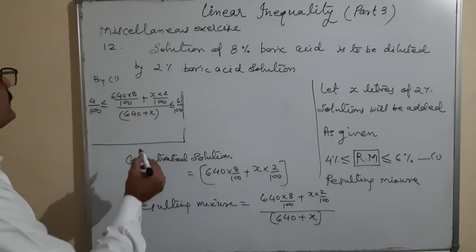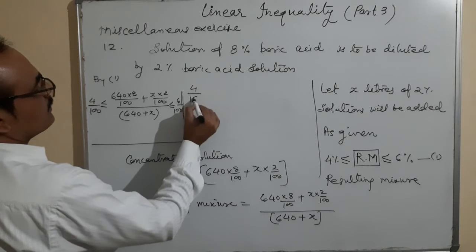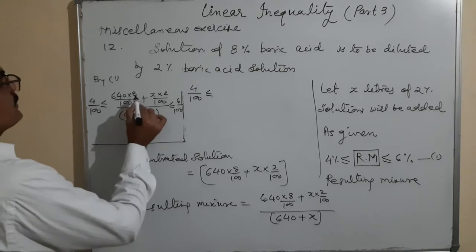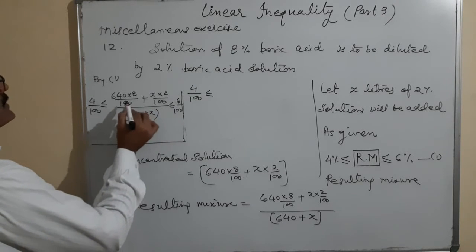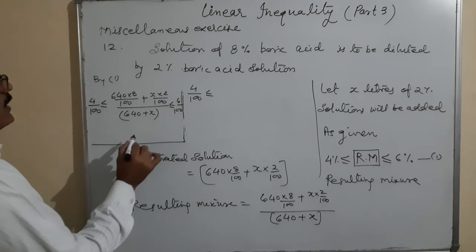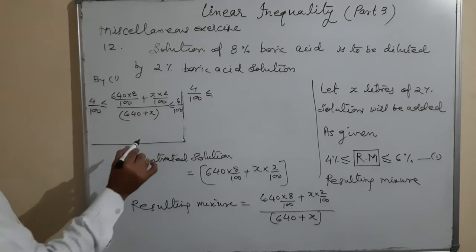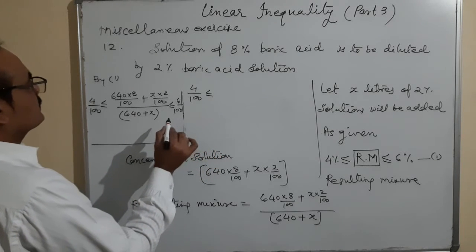How to solve it? The LCM is 100, so rather than cancelling, we can simply use it. What is coming here? It is 640 into 2x.